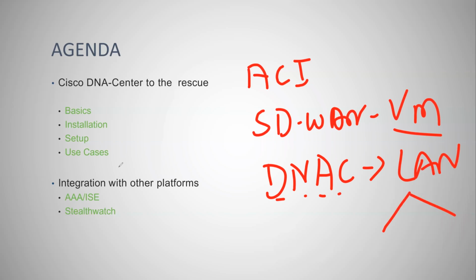Nowadays, LAN is not that small. LAN is big. And in LAN, you have wired and wireless. Both the flavors you have, right? And when we are talking about wireless, you will see a lot of companies directly moving to wireless because no one wants to see the wire.